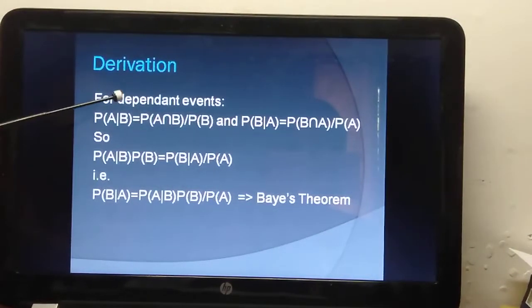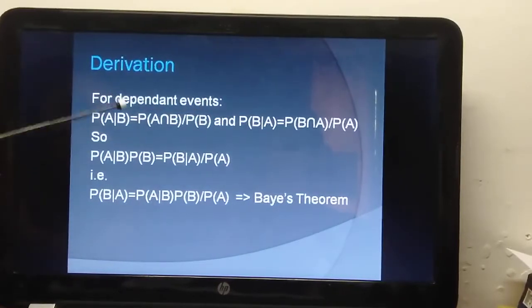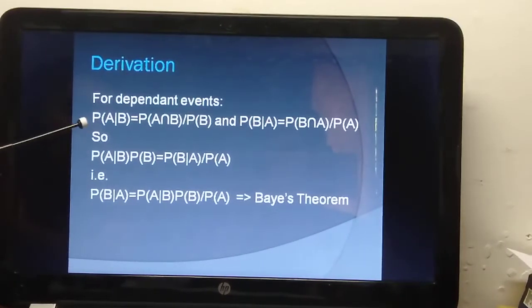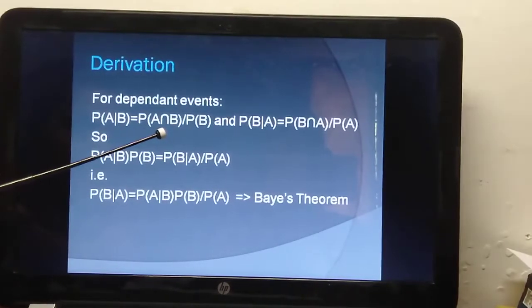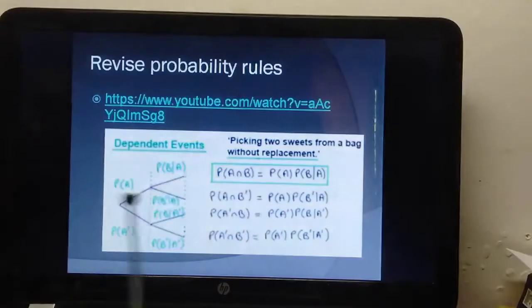We already know for dependent events, not independent, for dependent events, one event occurring after the other occurs, we have got probability of A given B is equal to probability of A intersection B divided by probability of B. How did we get this? Look at this over here.